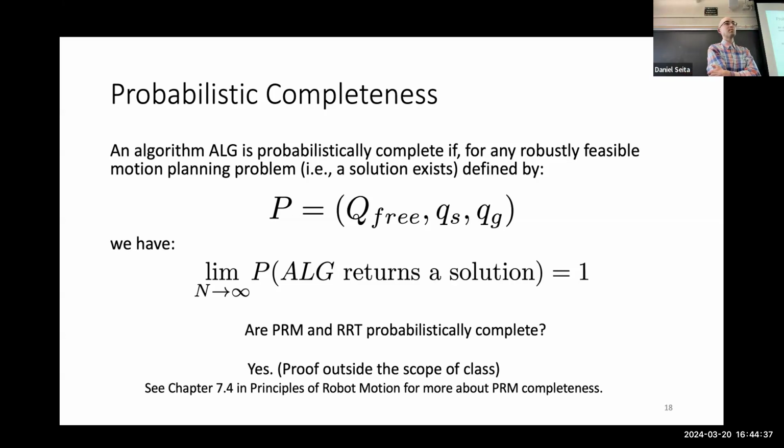What we talked about when we decided to make RRT stop, right? If you're in the goal region, you just stop. If a solution does not exist, well, then you can't just stop.